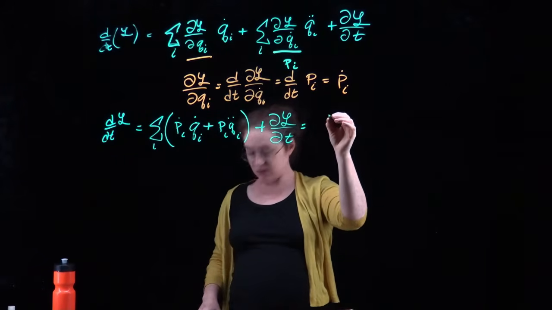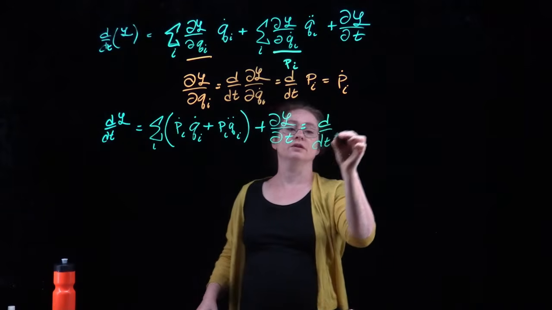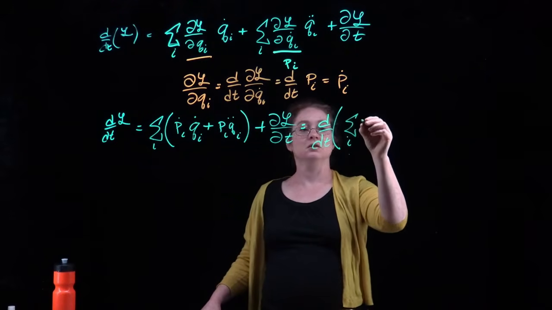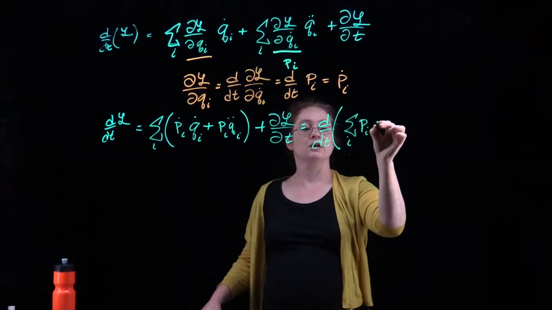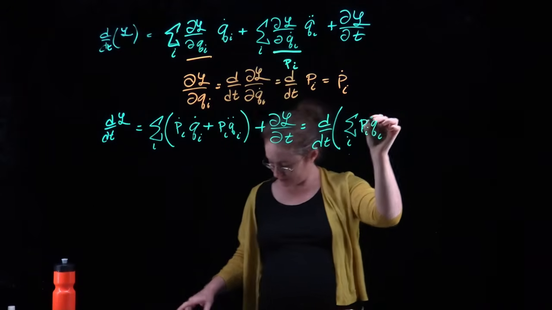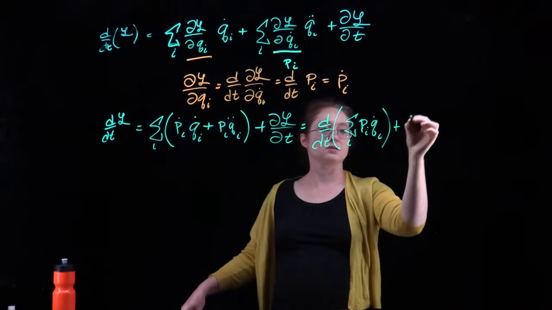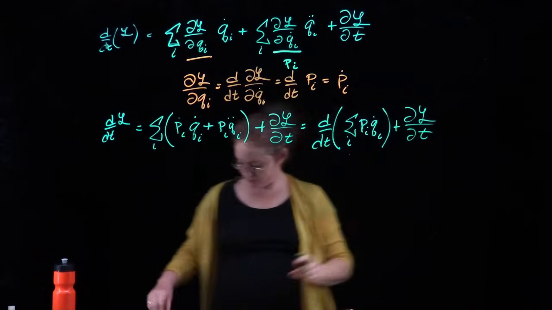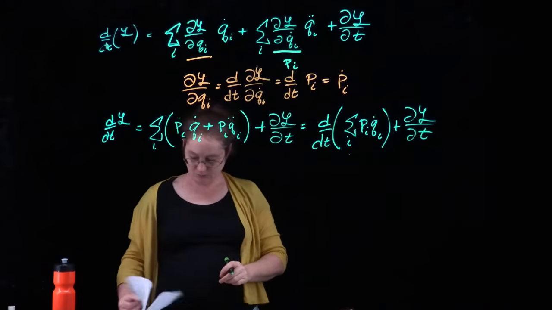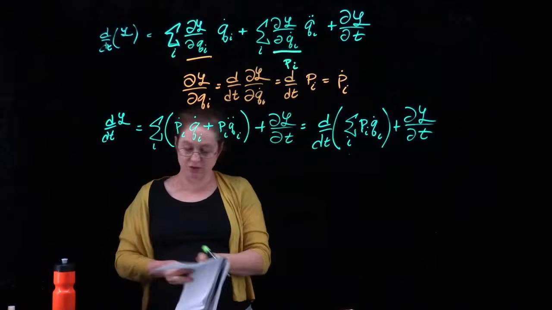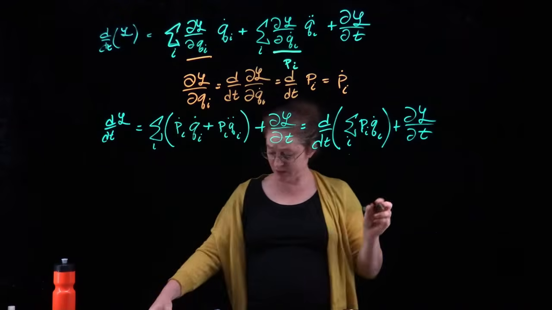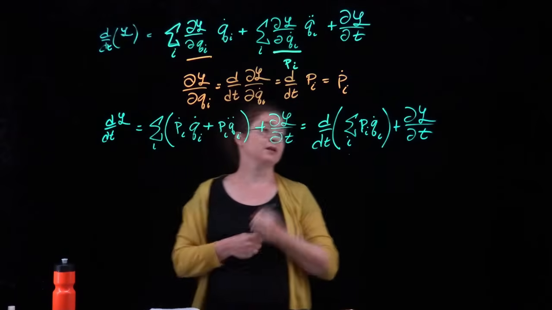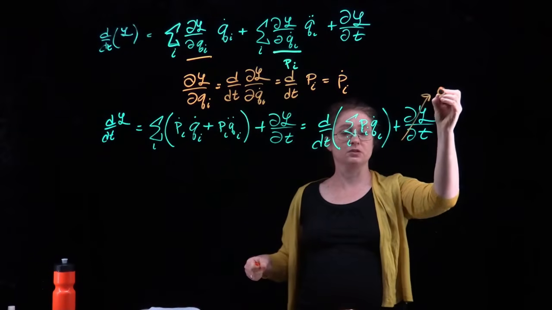So this is the time derivative of the sum over all pi qi dot plus this derivative. So if there is no explicit time dependence, then this term simply goes to 0.